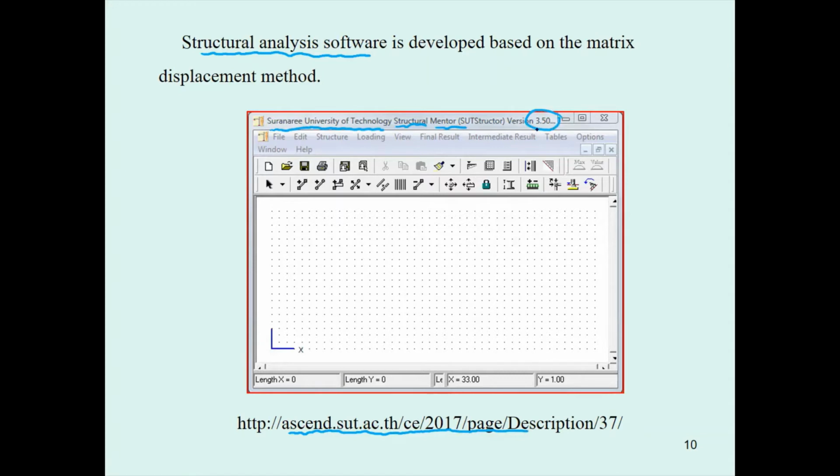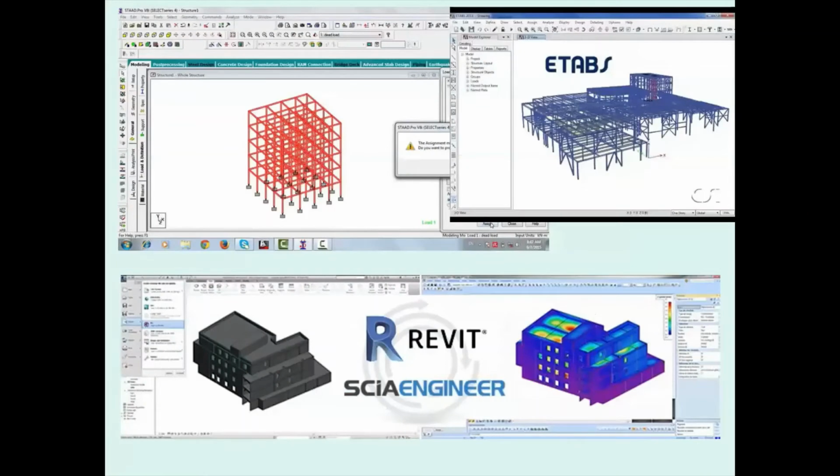This is free and very useful, and used to be a top-hit download software for many years. There are also a lot of commercial software packages you may use, such as Revit by Autodesk. You may apply for a student license and download this program to practice.